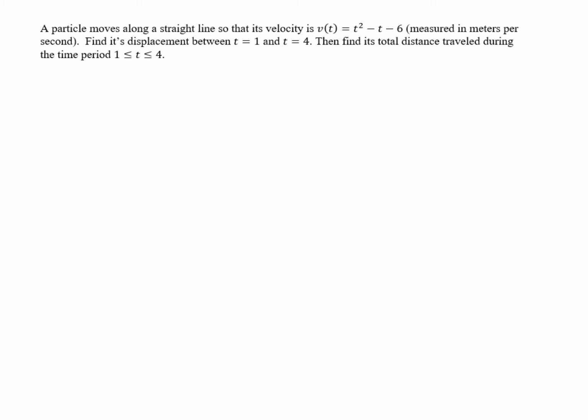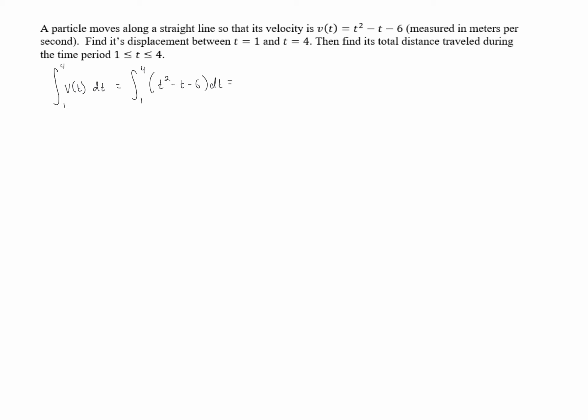If we want to know the displacement from 1 to 4, that's the net change in position, all we need to do is integrate that velocity function on the interval that we're given, so from 1 to 4. This is not that difficult. It's just a polynomial function. We've got the integral of t squared minus t minus 6 dt.